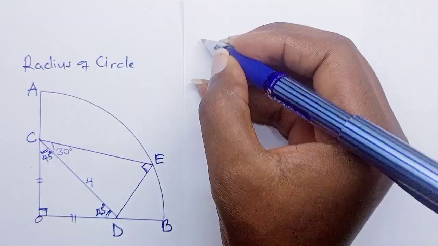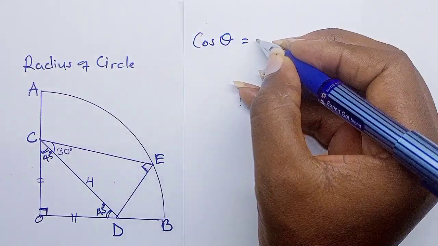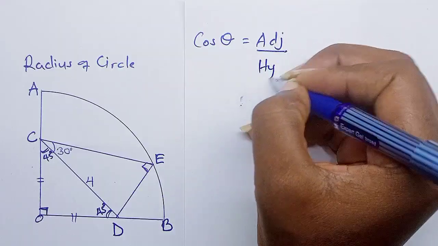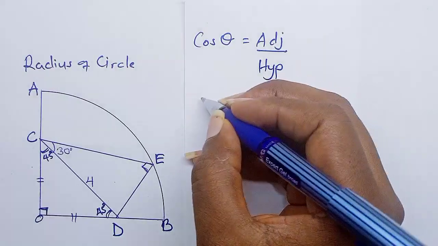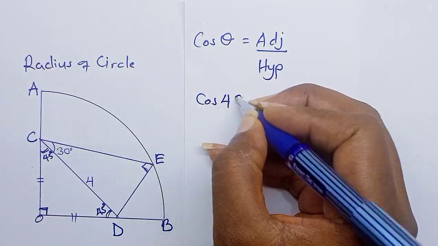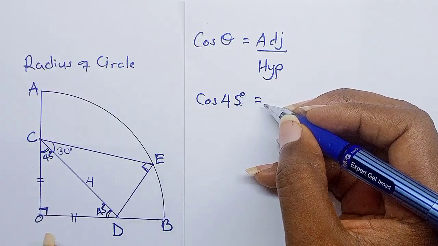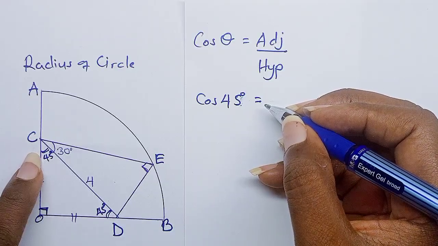So cos of an angle is equal to adjacent over hypotenuse. Okay, so cos of 45 degrees is equal to, the adjacent is OC. We are using this angle 45.